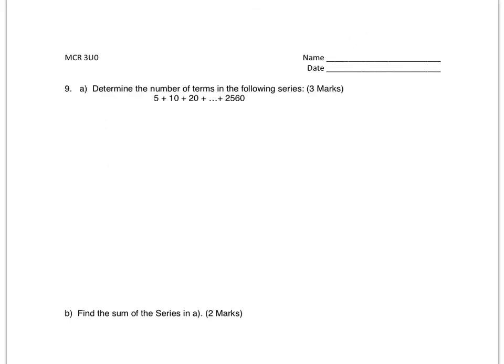The next question says, determine the number of terms in the following series. First, as usual, we have to find the type of series. I know that 10 is 5 times 2, 20 is 10 times 2. So we know that this is a geometric series with a is equal to 5, r is equal to 2.